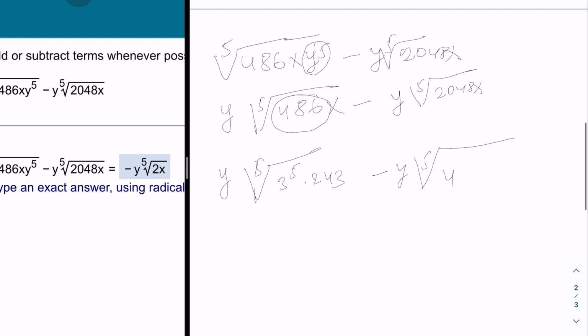So first we write 4 to the power 5, then into, let's find out what's the remaining term. 4 to the 5 means 1024.